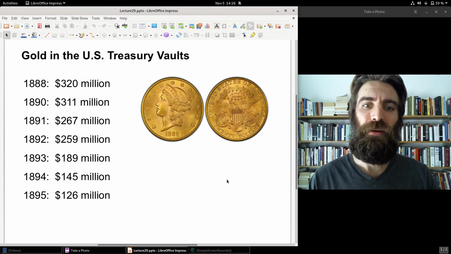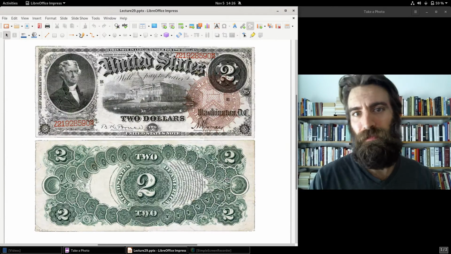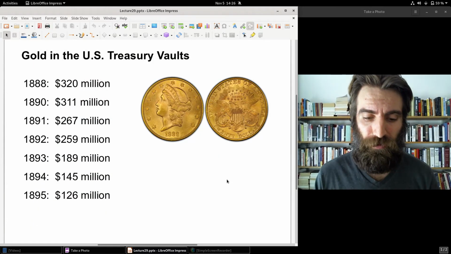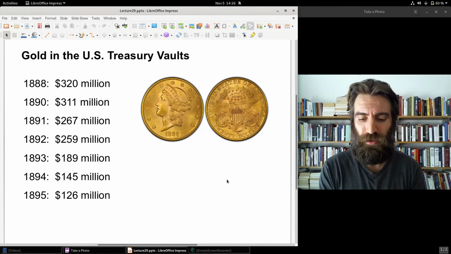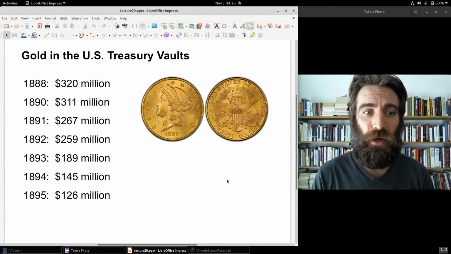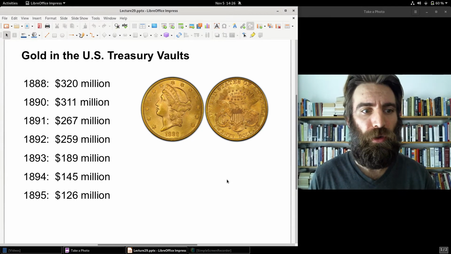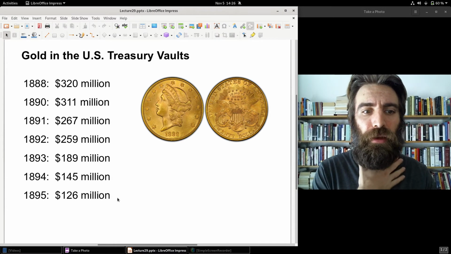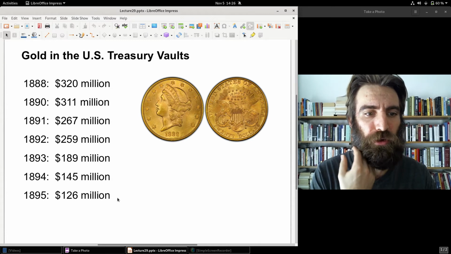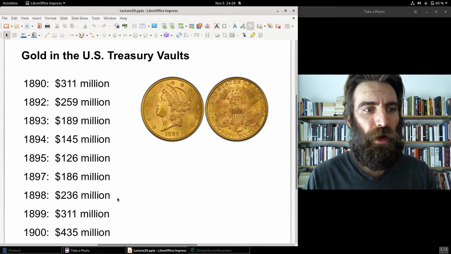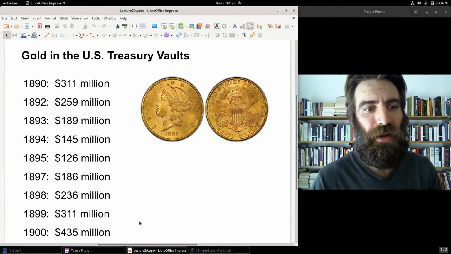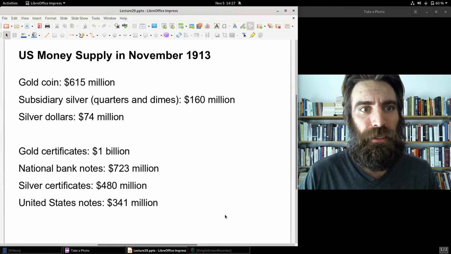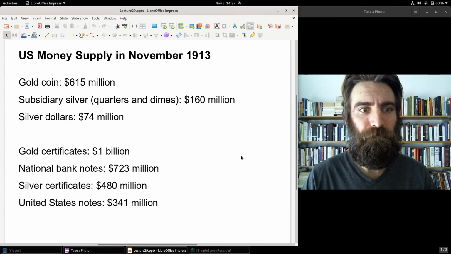This caused currency markets to rattle, and foreign investors approached the U.S. Treasury and wanted their gold, and this led to the crisis by 1895, which forced Cleveland to borrow a substantial sum from Morgan. Then, once Bryan was defeated, confidence was again restored. Okay. So anyway, that's what it looks like.